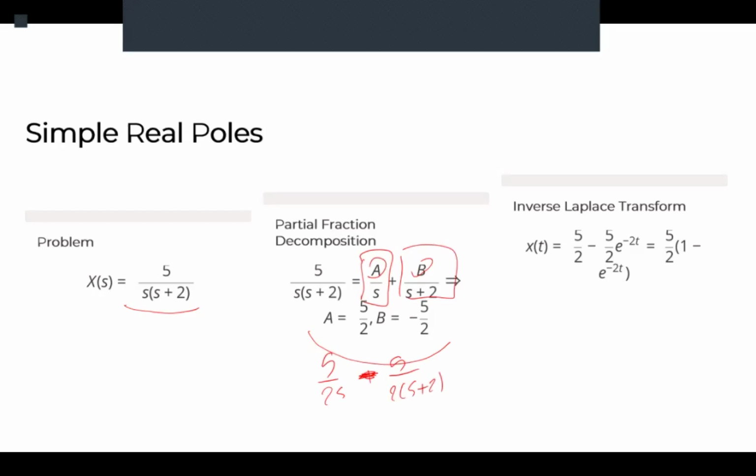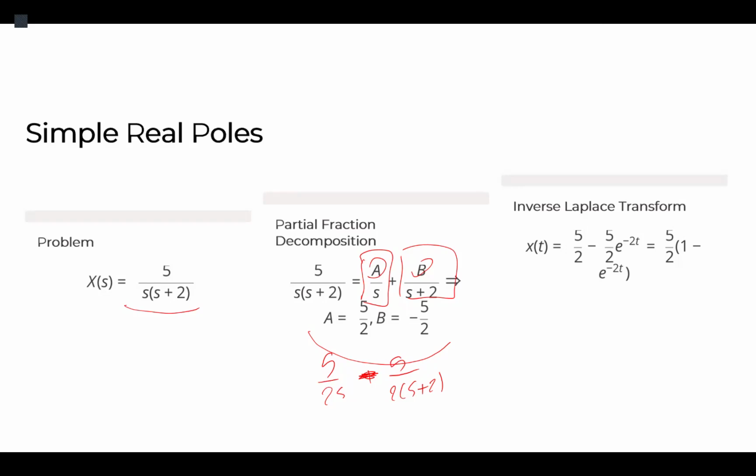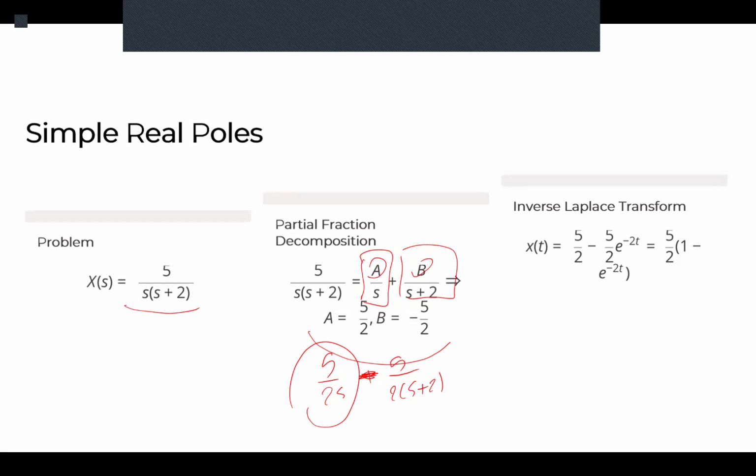What is 1 over s? What function has the Laplace transform of 1 over s? Step function. So it's u(t). Since we are going from 0 to infinity, that u(t) becomes 1. Correct? So the Laplace inverse of this one is simply 5 over 2 times 1.